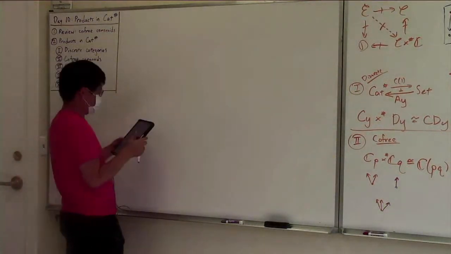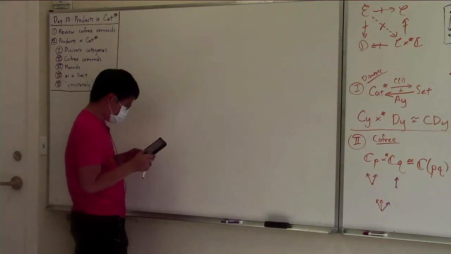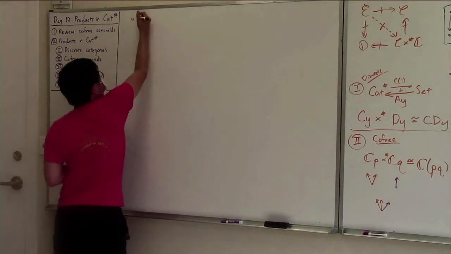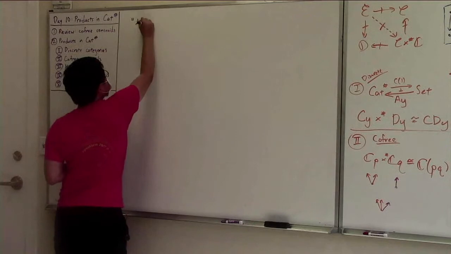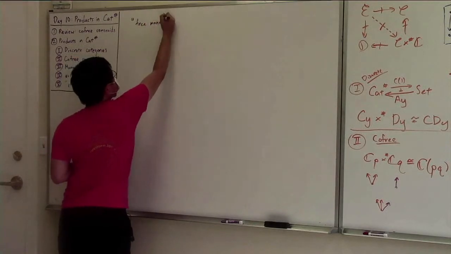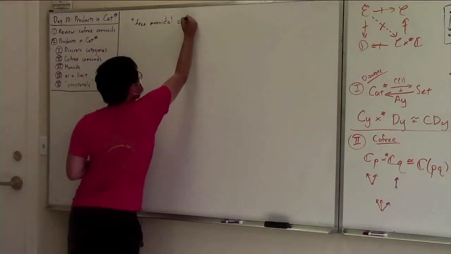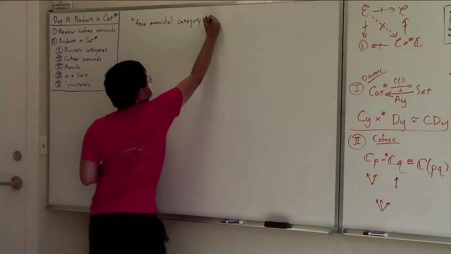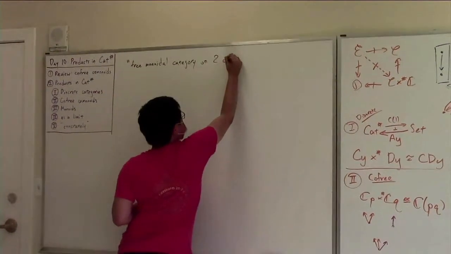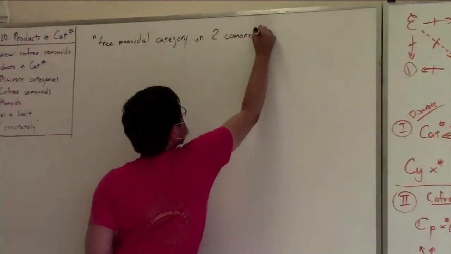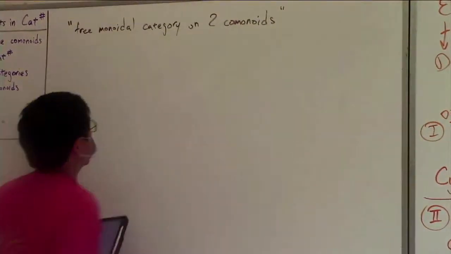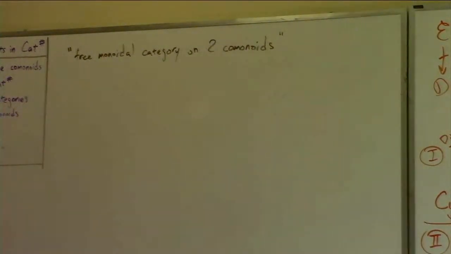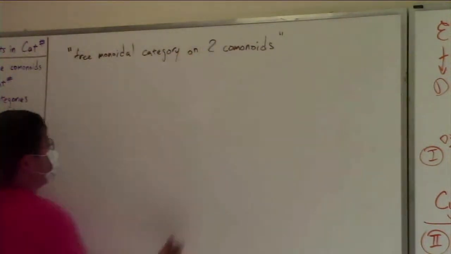And I'll briefly mention how to generalize these. We can create what's called the free monoidal category on two comonoids. What do I mean by that? Well, I just mean we have a category.